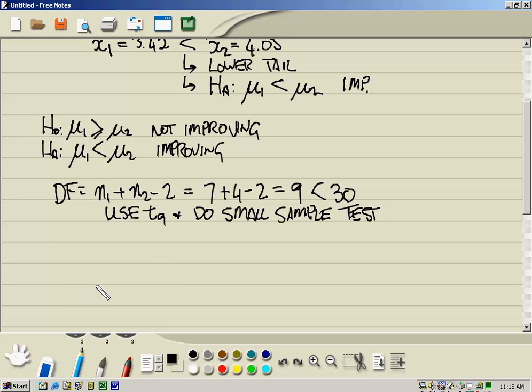So at this point we draw our diagram. This will represent the T with 9 degrees of freedom.